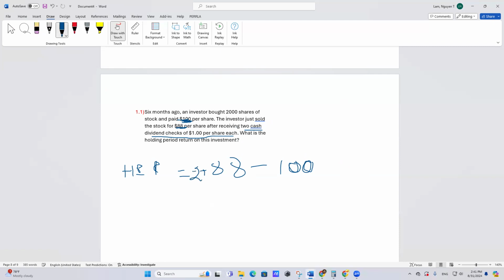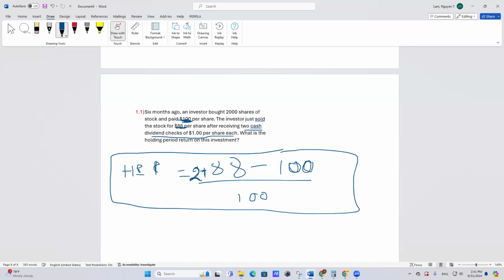So that is 2 plus 88 minus 100, divided by what? Divide by 100. The reason is because the equation for the holding period return, I remember, is what you cash out plus the dividend that you received during that period, minus the previous price that you bought in, divided by the price that you bought in.